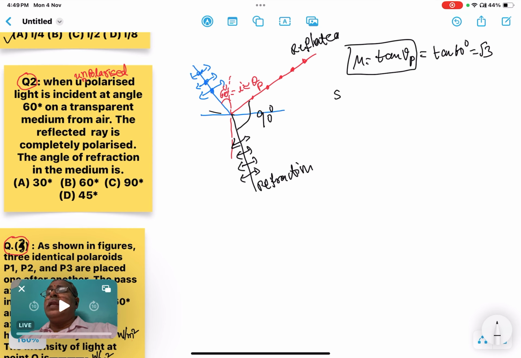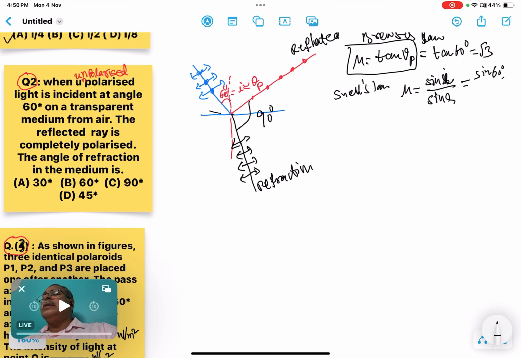But according to Snell's law, what are they telling? Now it is Snell's law. Snell's law represents mu equal to sin i by sin r. Sin i is nothing but sin 60, divided by sin r.